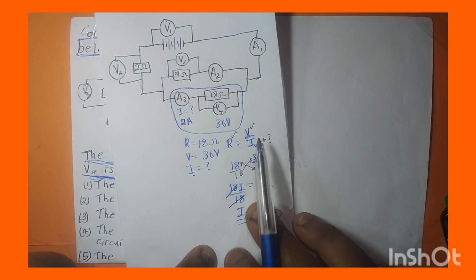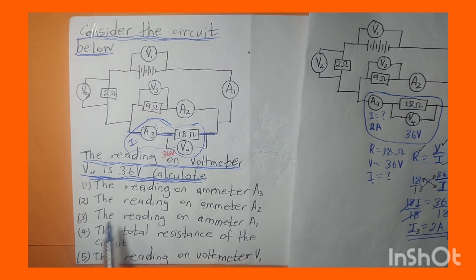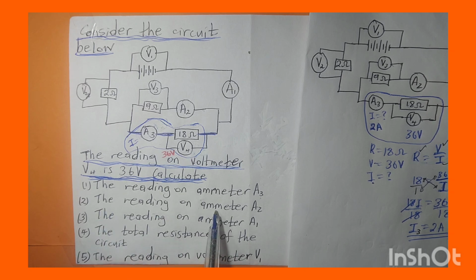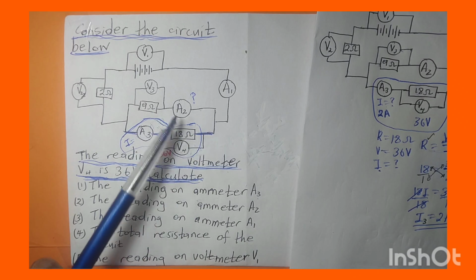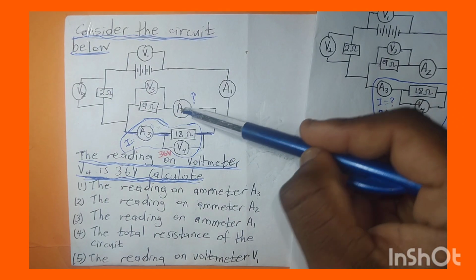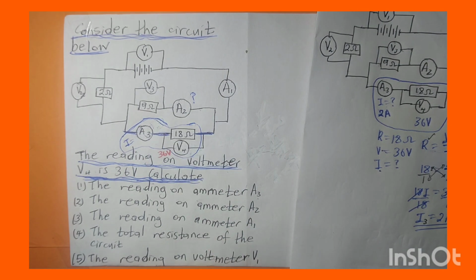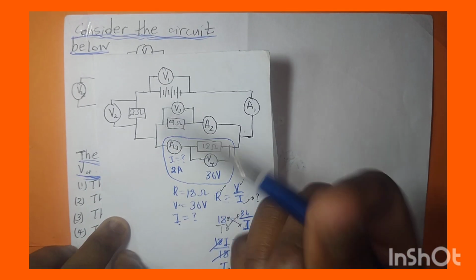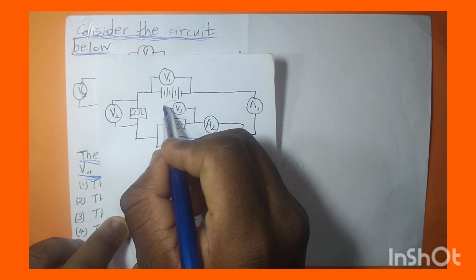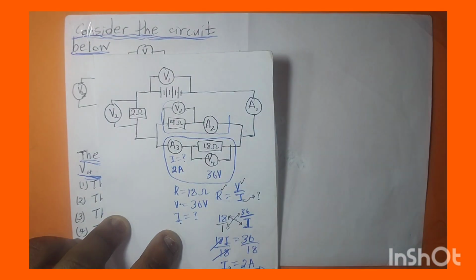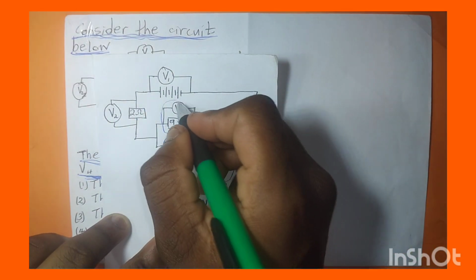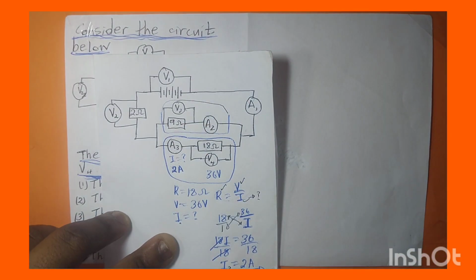So the next question will simply say, calculate the reading on the ammeter A2. They need you to calculate the current on this ammeter, which is A2. If we only focus on this component, we can still apply Ohm's law on this component.